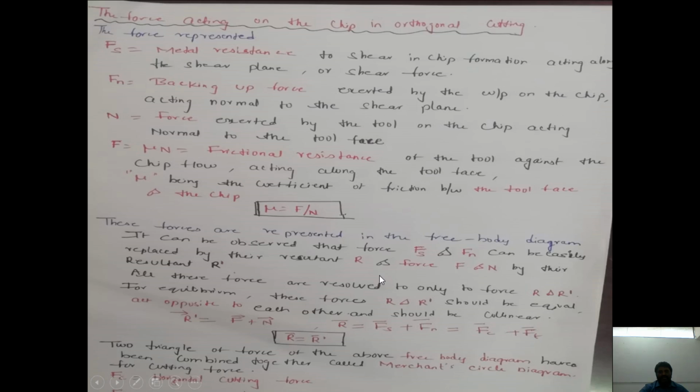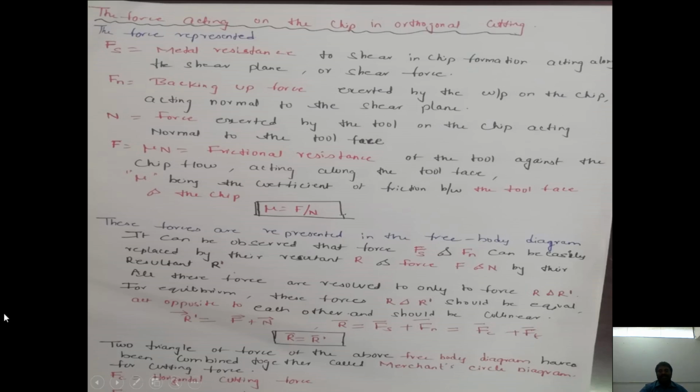So here we are saying that these forces R and R dash should be equal, opposite to each other and collinear. R dash is equal to the forces F and N, that is, the metal resistance and the force here equal to Fs and F. So Fs is the metal resistance and the backing up force, and we can also say that the resistance is Fc plus Ft.